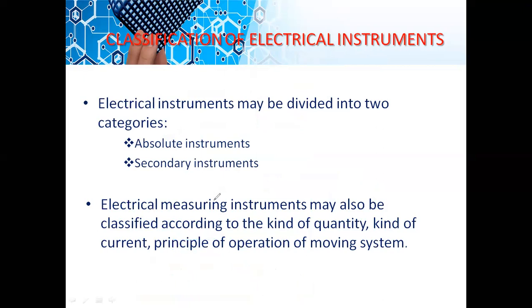Now, electrical measuring instruments may also be classified according to kind of quantity, kind of current, principle of operation of moving system, etc. That means you have a few measuring instruments that are used only to measure DC currents or DC voltage. And you have a few measuring instruments that can be used for both DC as well as AC. And like that, we have different categories.